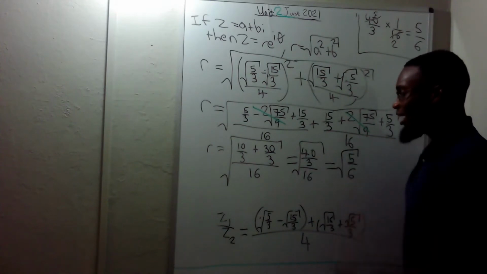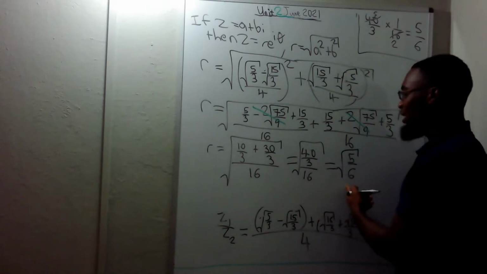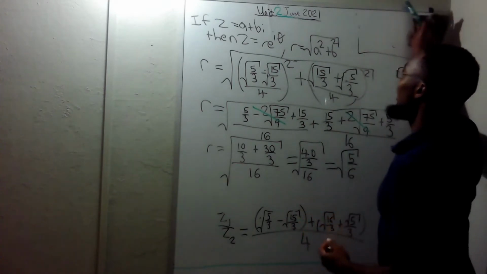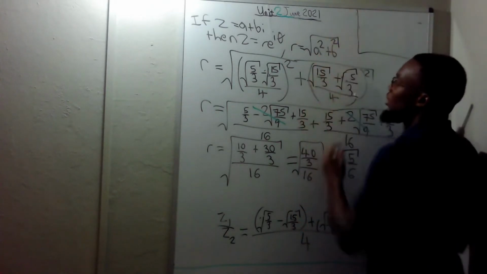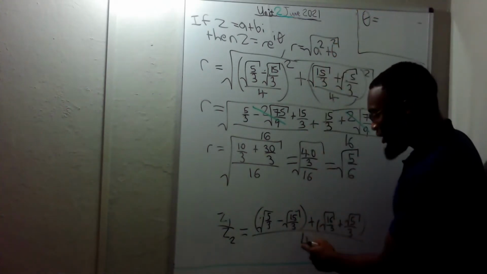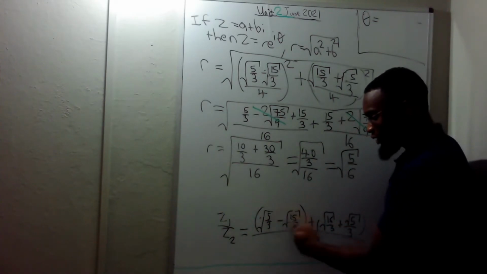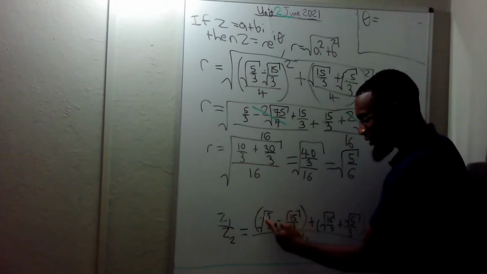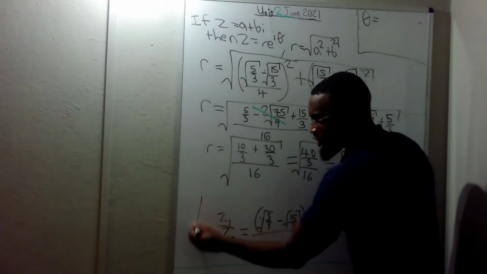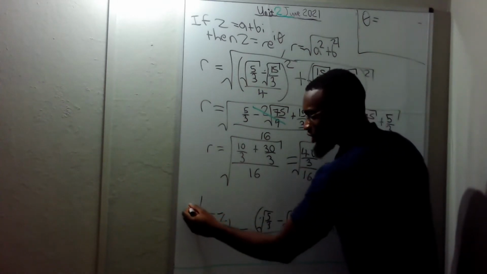Alright? So once we get R as the square root of 5 over 6, now we need to find theta. We have to remember from the formula that theta depends on which quadrant the complex number is in. This right here is going to give us a negative x and a positive y. So z1 over z2, if we draw a little sketch, is going to be in the second quadrant.